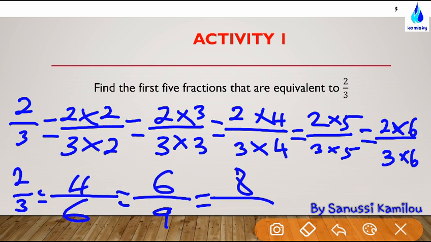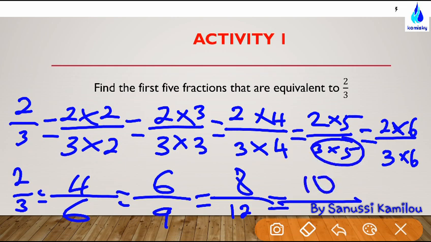And then 3 times 4, we said it is 12. So from there we have our 2 times 5, which will give us 10, and then 3 times 5 will give us 15.